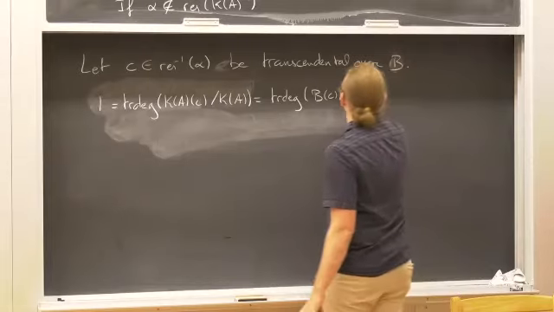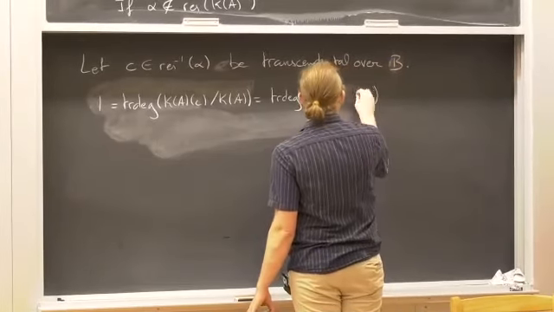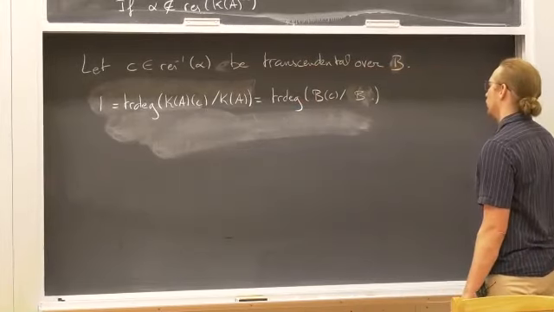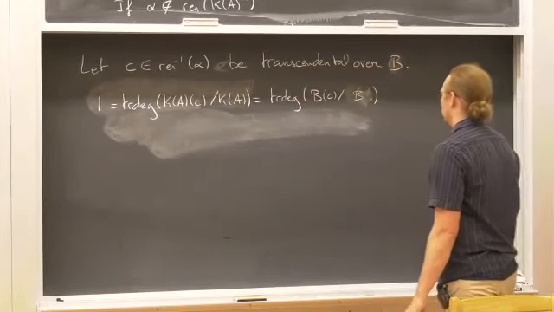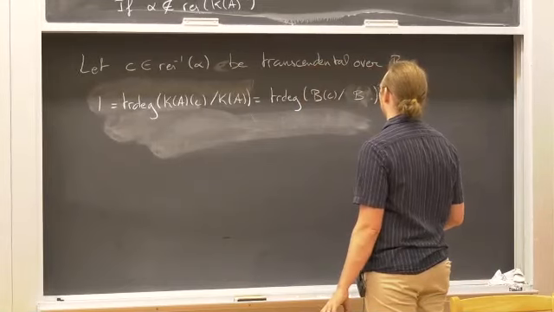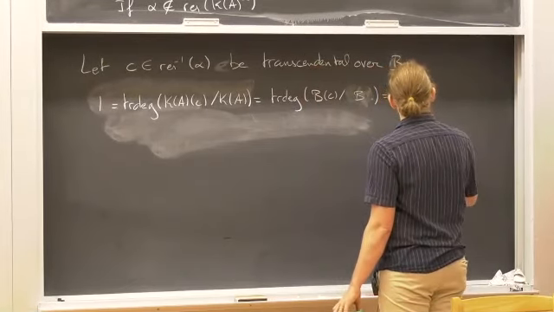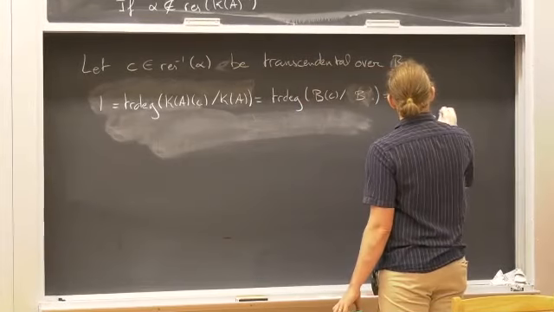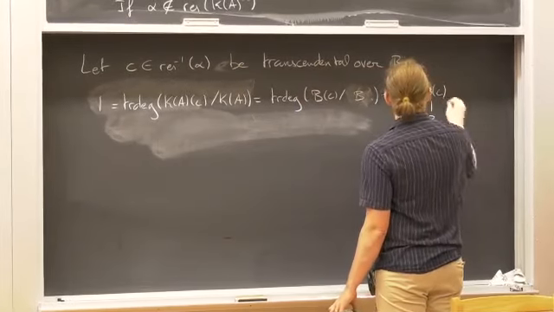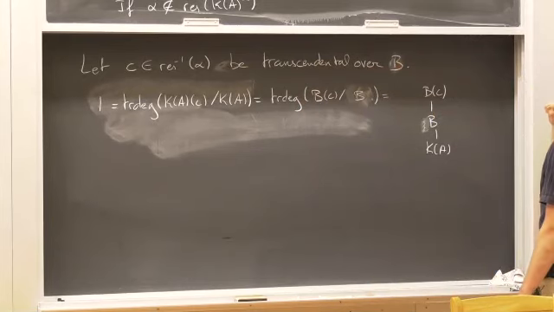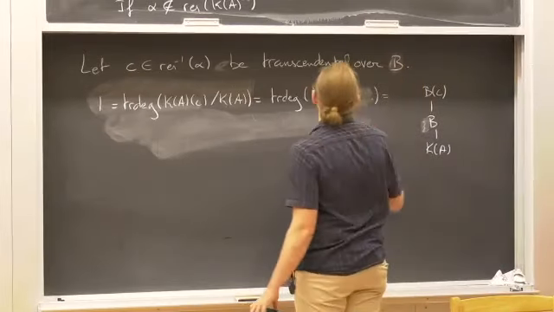Yes, it's BC over B. And now I have a tower, I have KA, B, BC. Yeah, sorry. I really mean KA here.